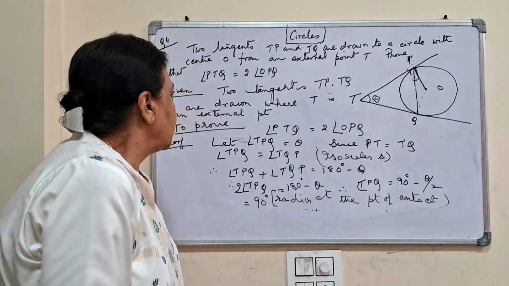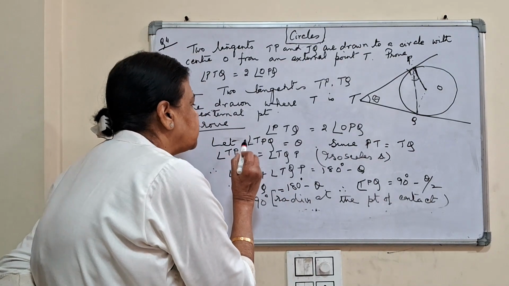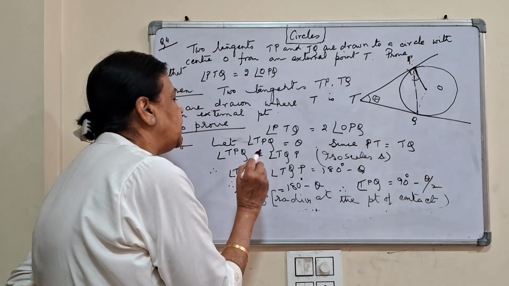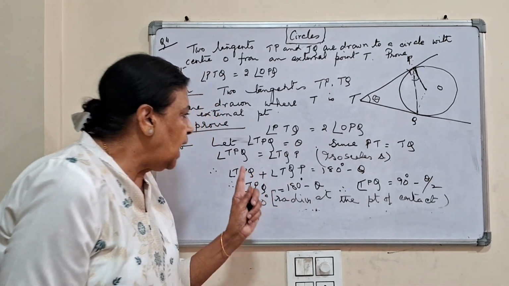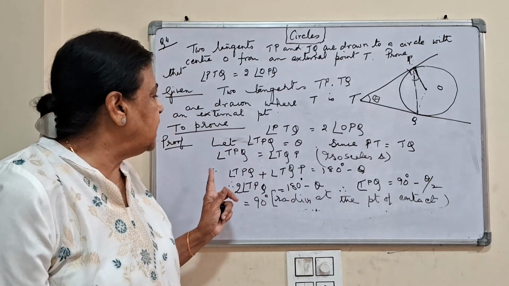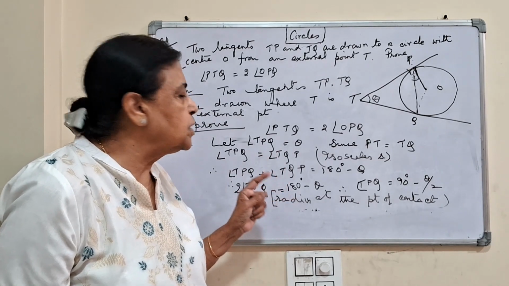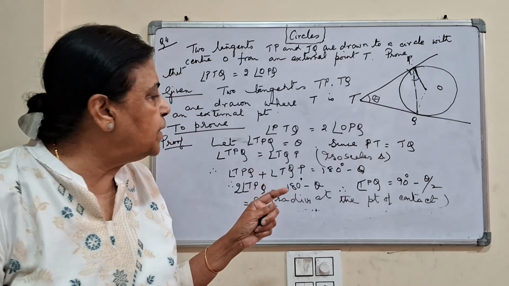Again, in triangle TPQ, angle TPQ is equal to angle TQP, since the base angles of an isosceles triangle are always equal.